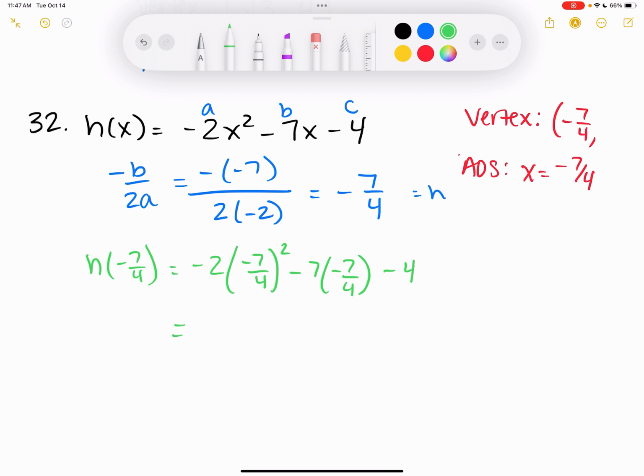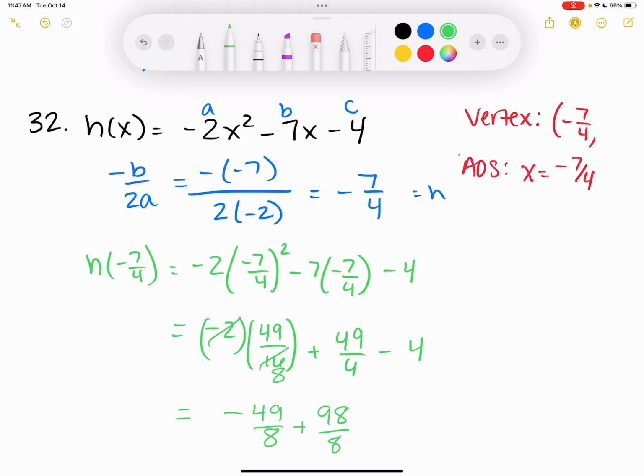So this is -2 times 49 over 16 plus 49 over 4 minus 4. 2 goes into 16 8 times, so this is -49 over 8. Common denominator here, multiply by 2, so plus 98 over 8.